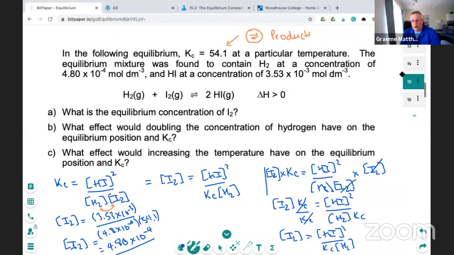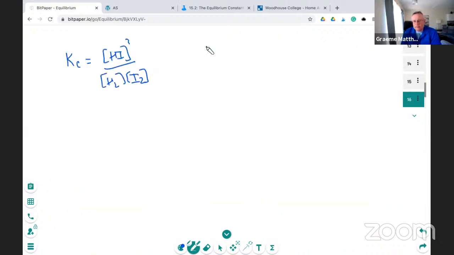All right, so on this one, the first part is Le Chatelier's principle. I'm going to increase the concentration of H2. We said move away from the side you add. So if I increase the concentration of H2, then my equilibrium position is going to move over to the right-hand side.